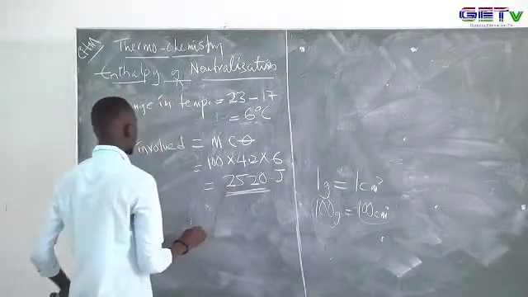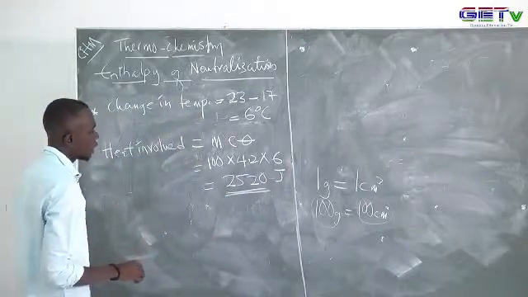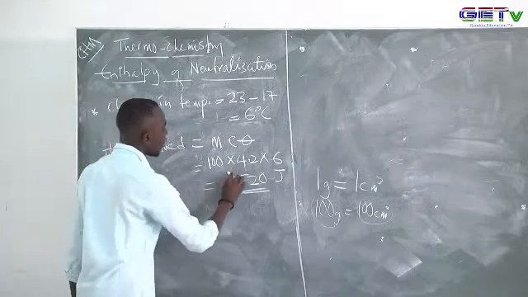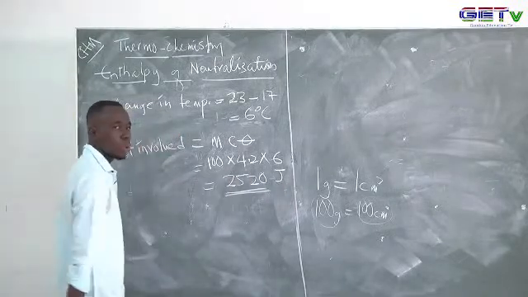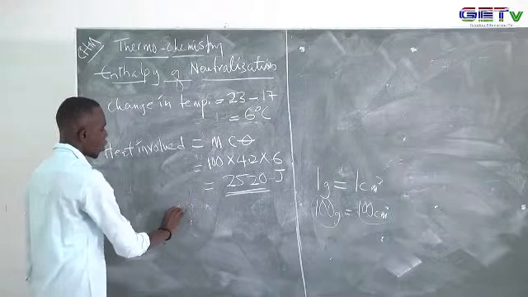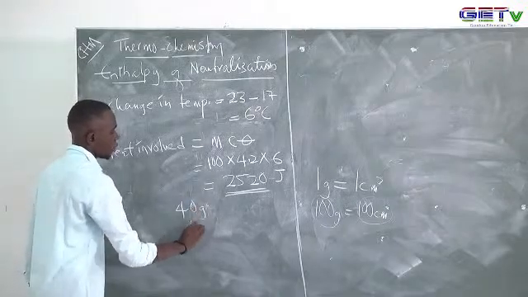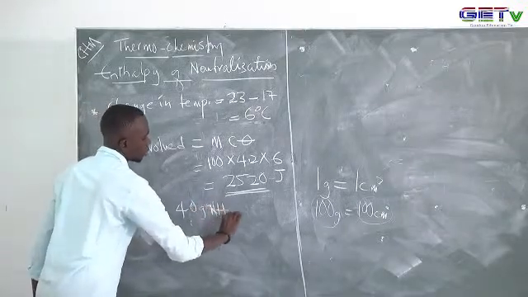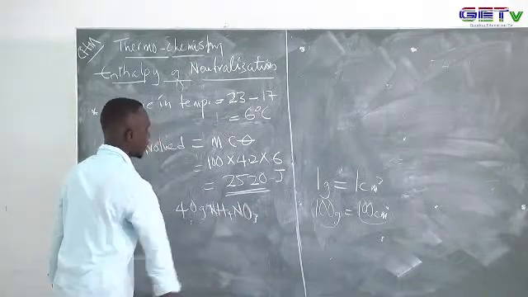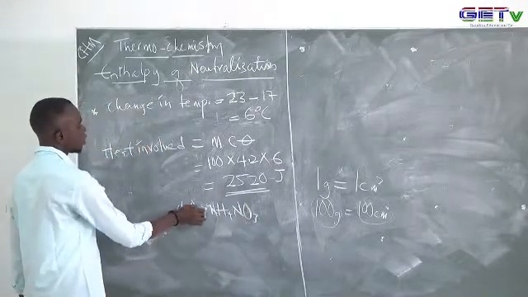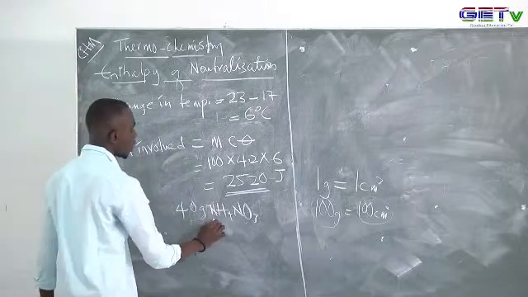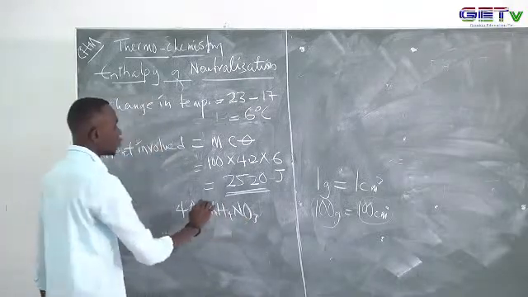This is the amount of heat involved in this reaction, and this amount of heat was produced by 4 grams of ammonium trioxonitrate 5, and this 4 grams of ammonium trioxonitrate 5 is not equivalent to what? 1 mole of ammonium trioxonitrate.